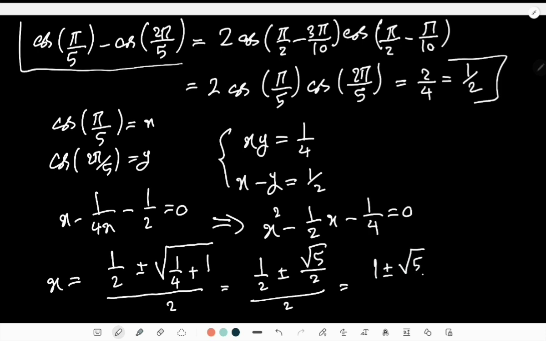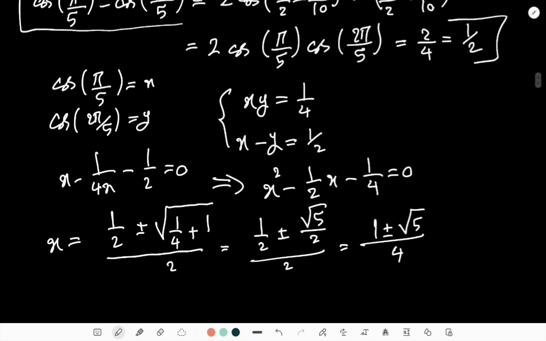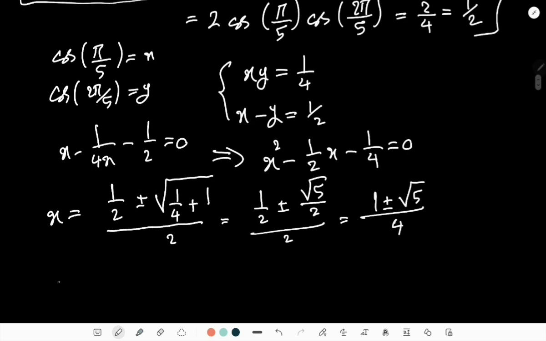But again, please note that minus is not accepted because cosine of pi over 5 is positive: pi over 5 is between 0 and pi over 2, and that cosine must be positive. So minus is not acceptable, and we just take x equals 1 plus the square root of 5 over 4.